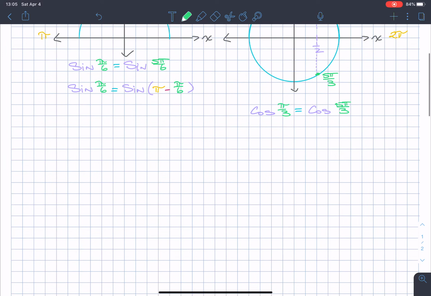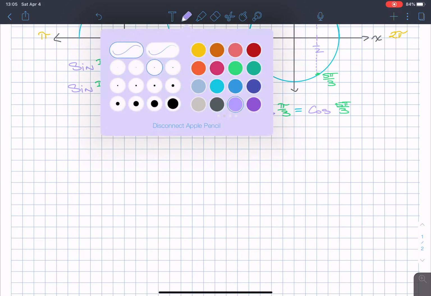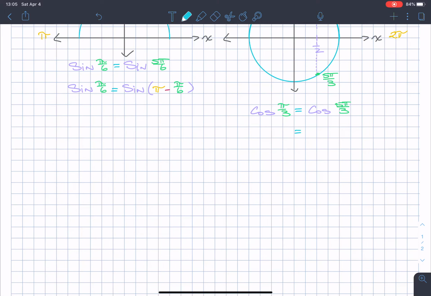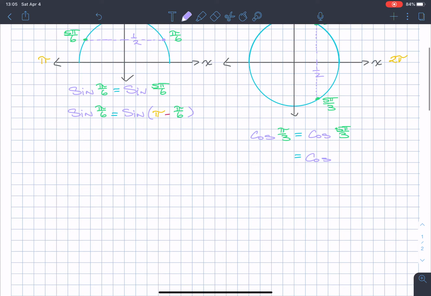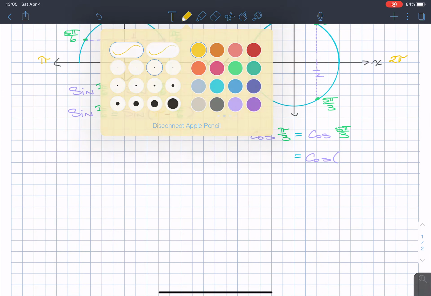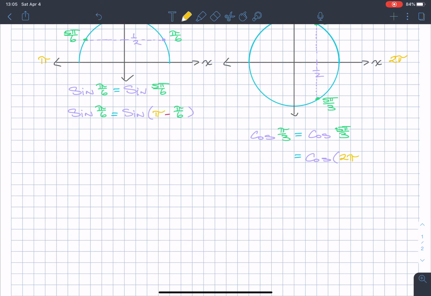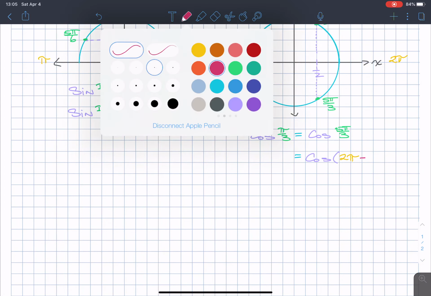But how can I rewrite 5 pi over 3 in terms of pi over 3? Well, I claim that it's going to be 2 pi minus pi over 3.